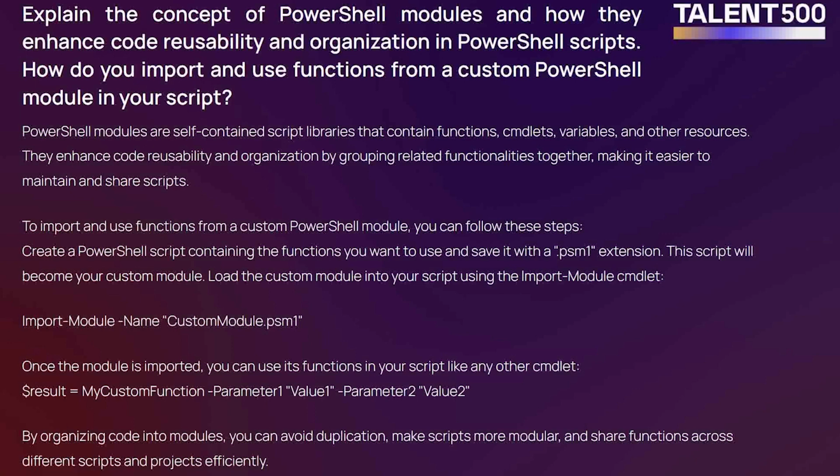By organizing code into modules, you can avoid duplication, make scripts more modular, and obviously share functions across different scripts and projects efficiently. So this is how it enhances code reusability and organization, basically by grouping things together. And this is how you can import and use functions from custom PowerShell modules in your script.